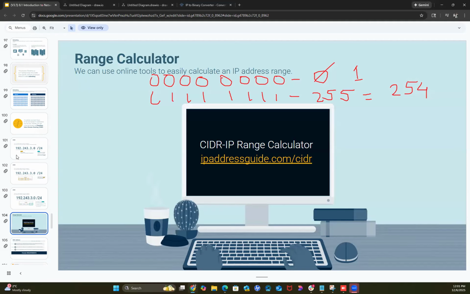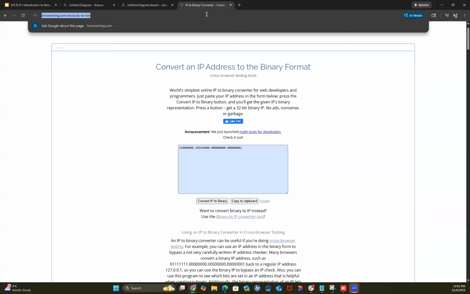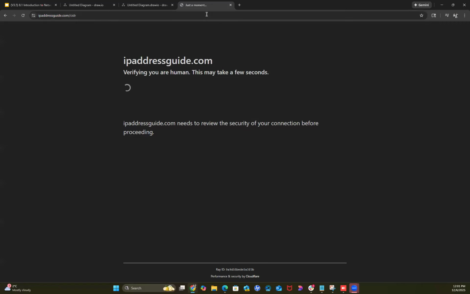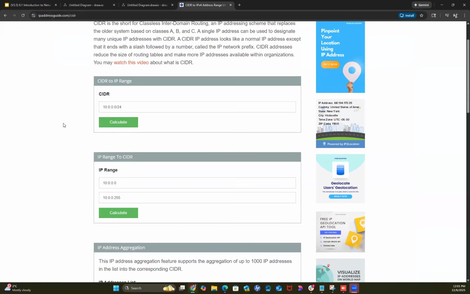If you don't understand, you can just use a website, an IP address CIDR calculator. It calculates the range.